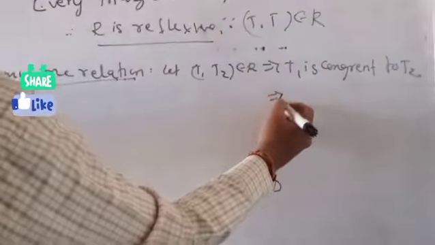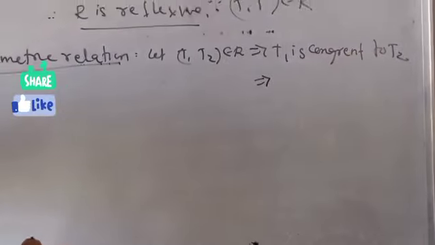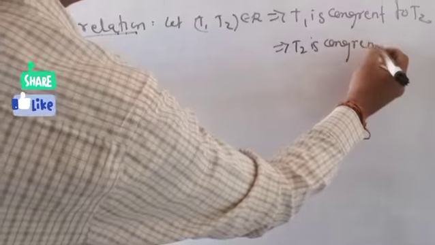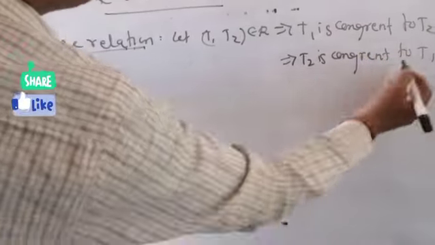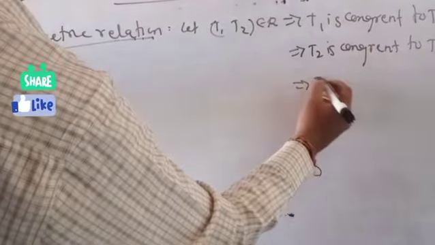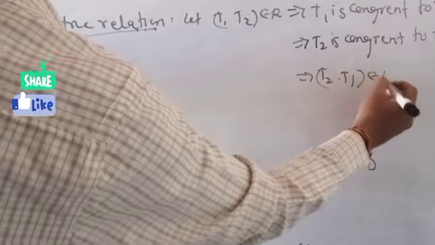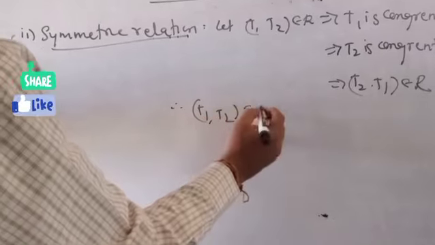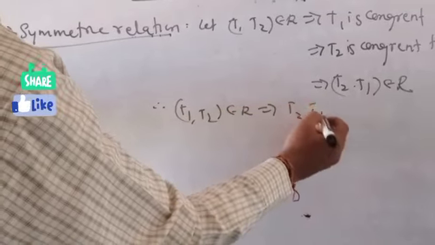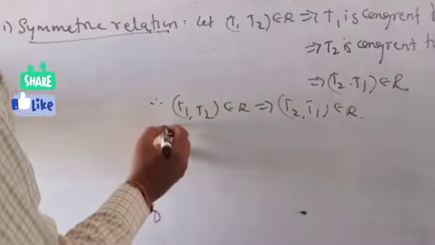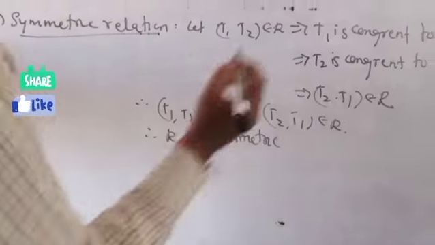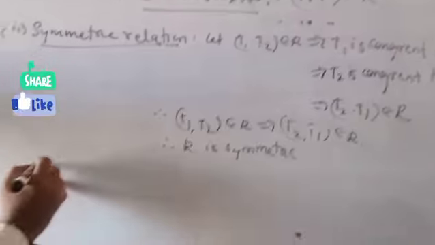T1 congruent to T2 means we can also write T2 is congruent to T1, and if T2 is congruent to T1, then (T2, T1) belongs to R. Therefore, (T1, T2) belongs to R implies (T2, T1) belongs to R. Hence, R is a symmetric relation.